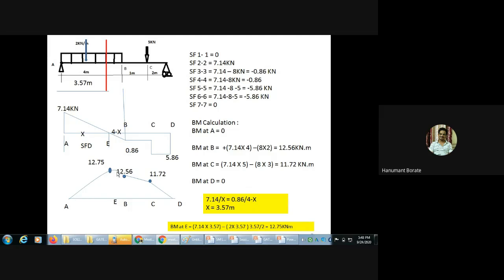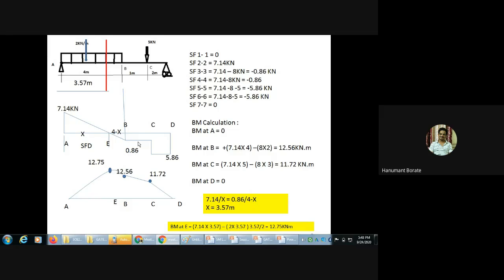Then for region B to C, again join with a straight line, and for region C to D, again join the bending moment line with a straight line. So in this way, this is the bending moment diagram, and this is the shear force diagram.